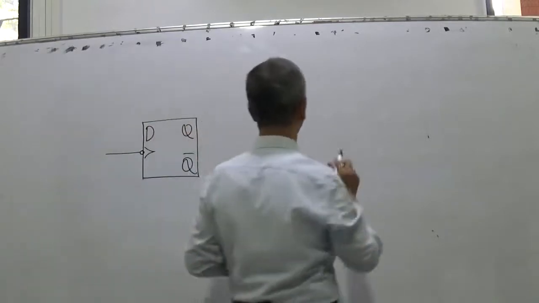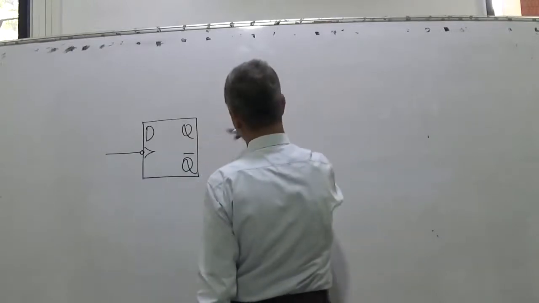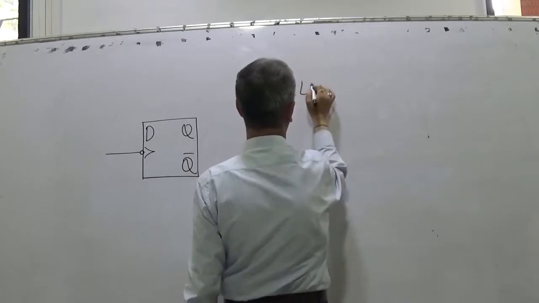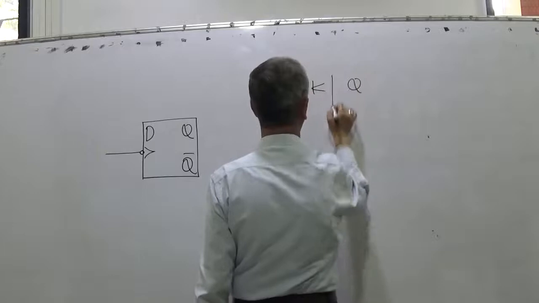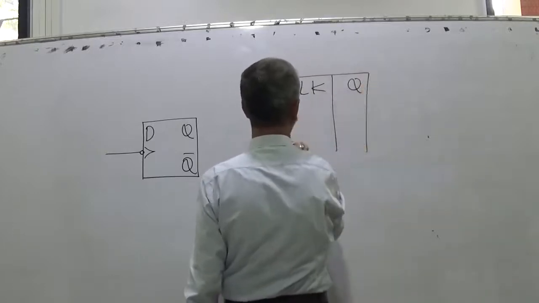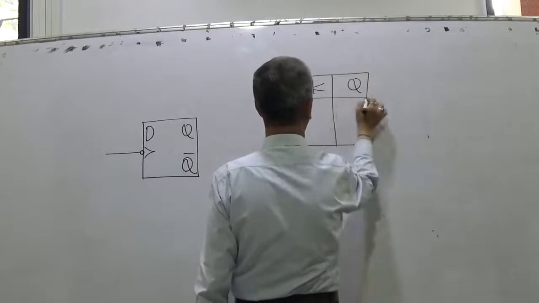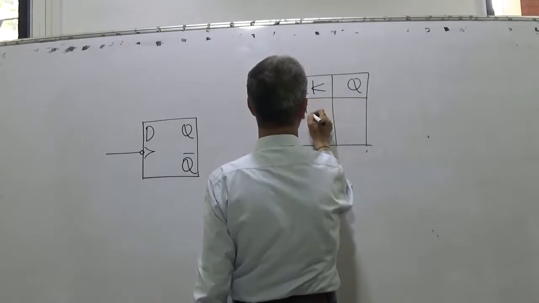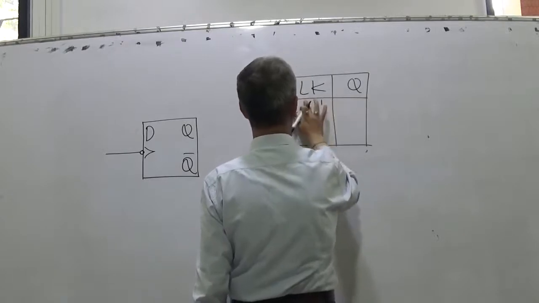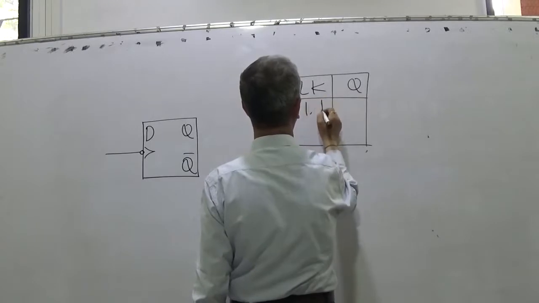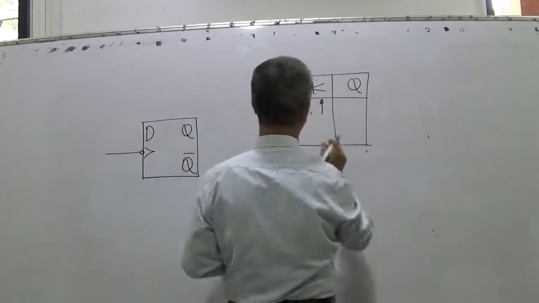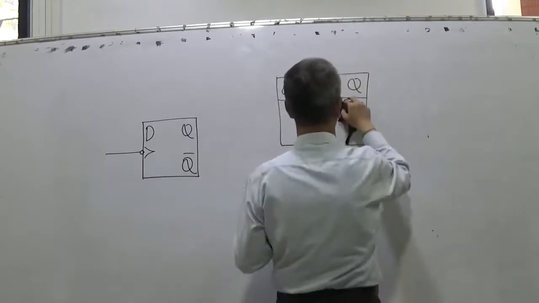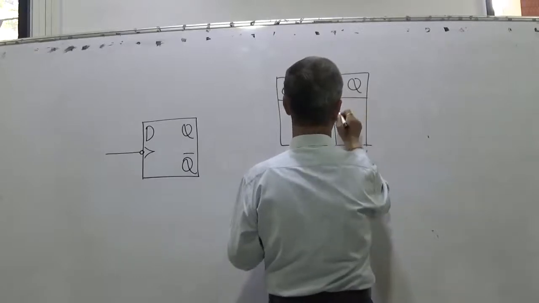What is the truth table of the flip-flop was explained in the earlier video: clock and Q. Clock 0, clock going up, clock 1, normally these are active low. Q remains in its last state. The flip-flop maintains its last state.